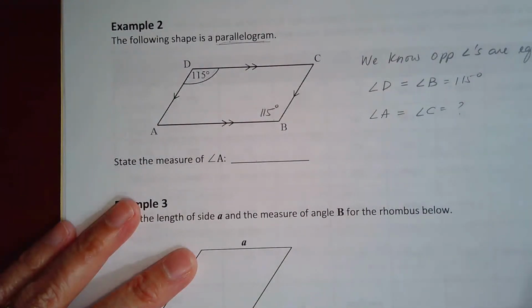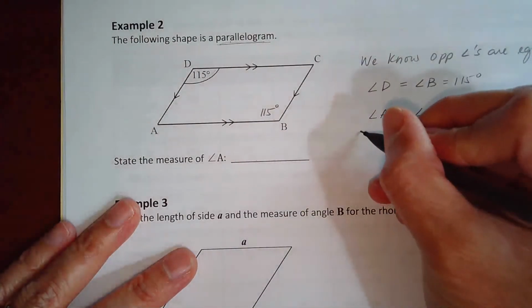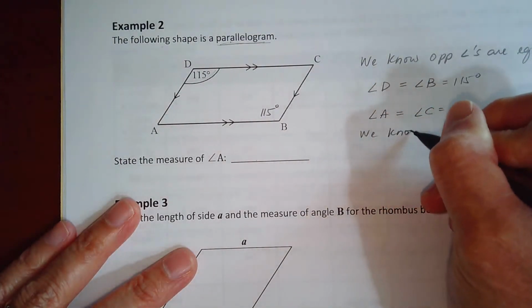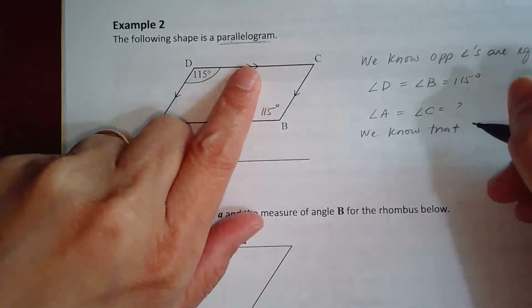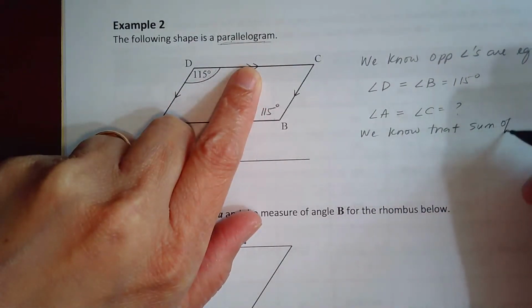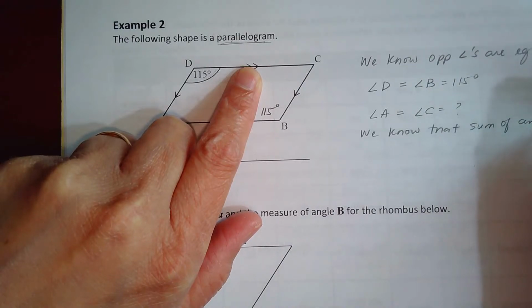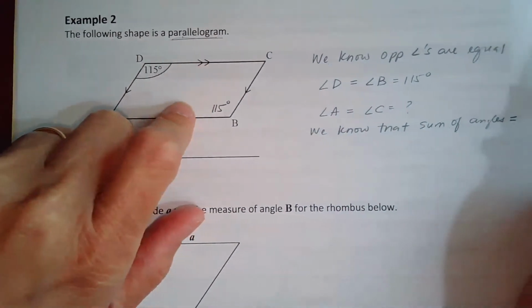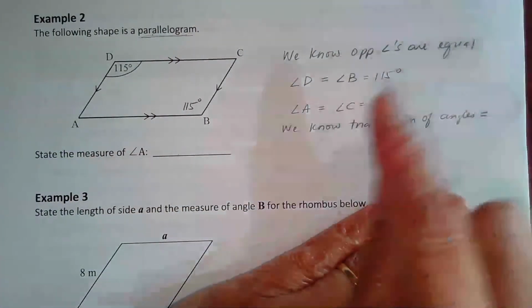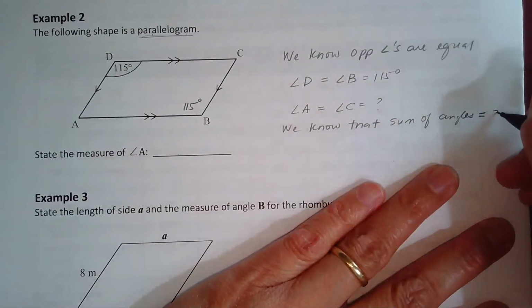So what else do we know? We know that the sum of the angles is equal to how much? Sorry, you can't see that. We know that the sum of the angles is equal to 360.